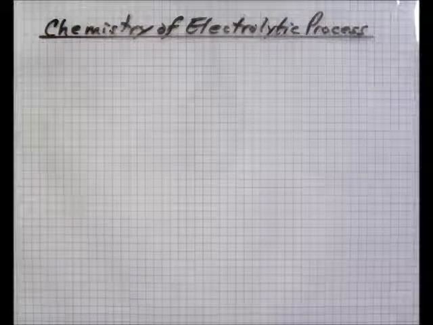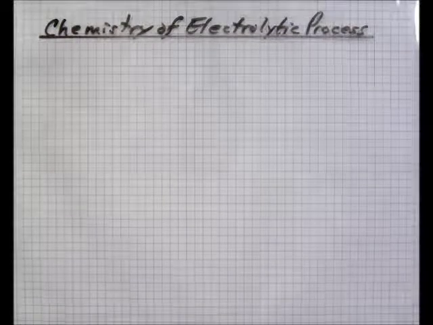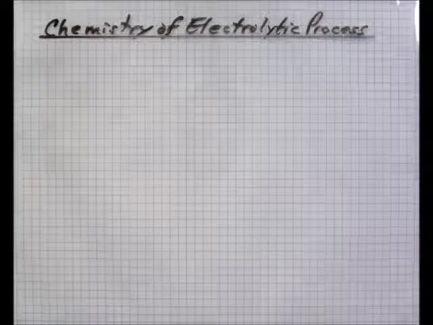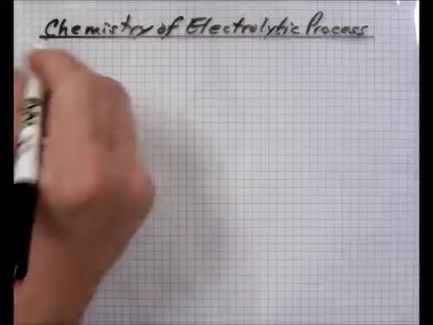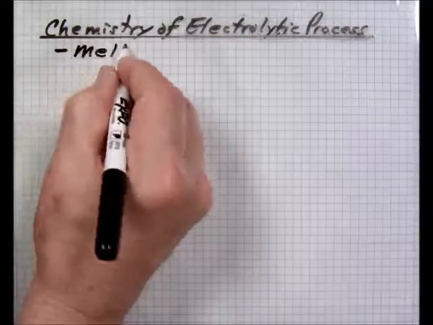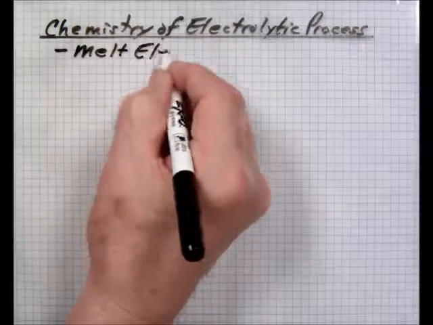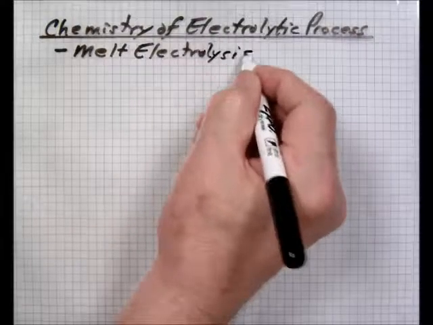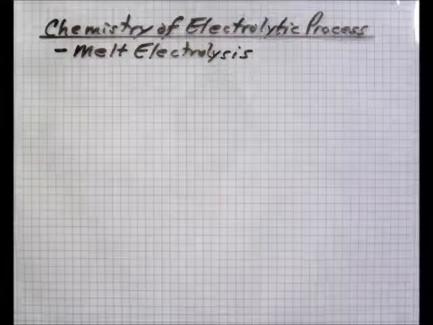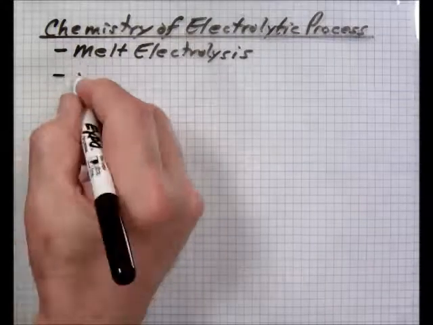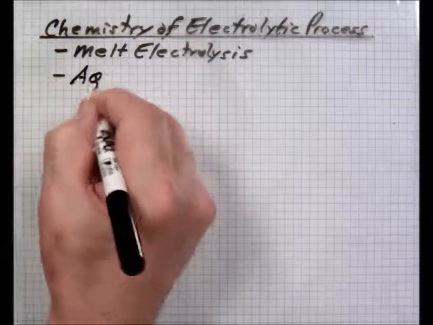Now, we need to look at the chemistry of the electrolytic process. The electrolytic process, as I mentioned a few minutes ago, exists as melt electrolysis, which is the graphic that I just showed you, and we also have aqueous phase electrolysis.